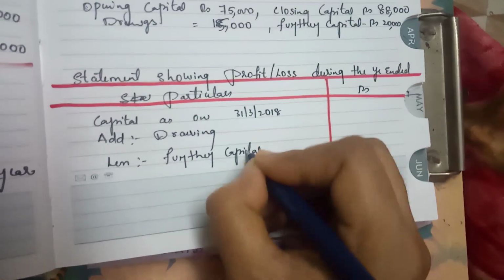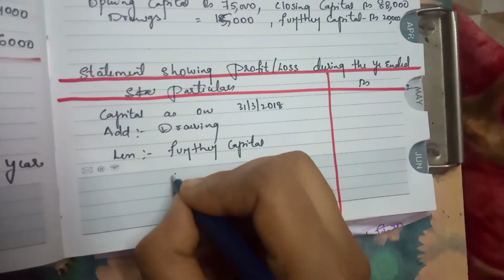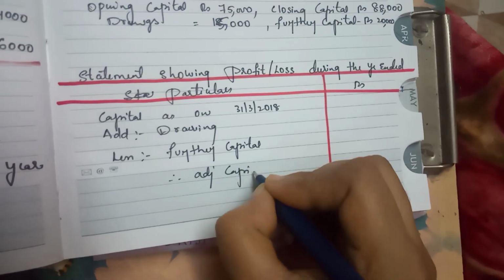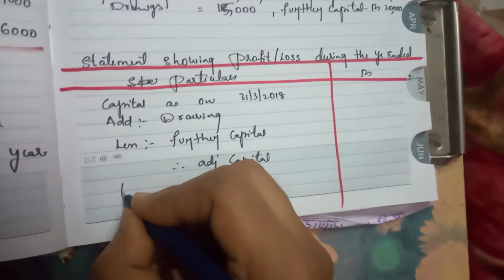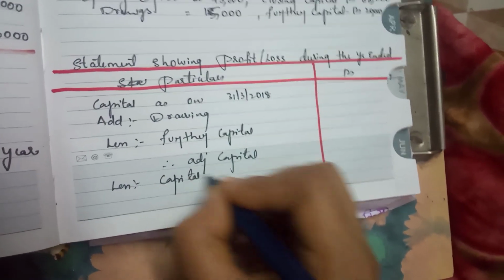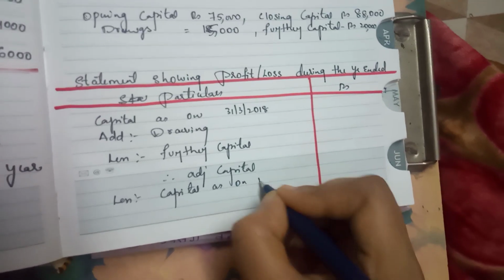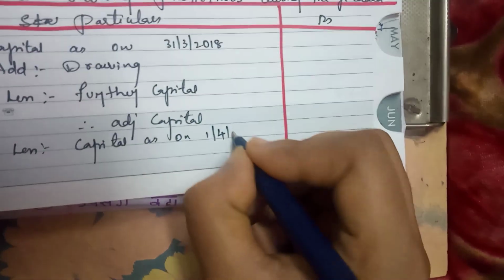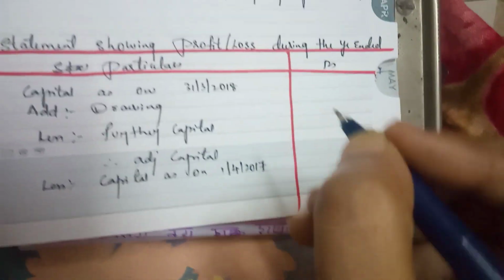Next, therefore adjusted capital. Next less capital, that is opening capital as on 1st April 2017, that is 1/4/2017. We'll see whether we'll get a profit or loss.